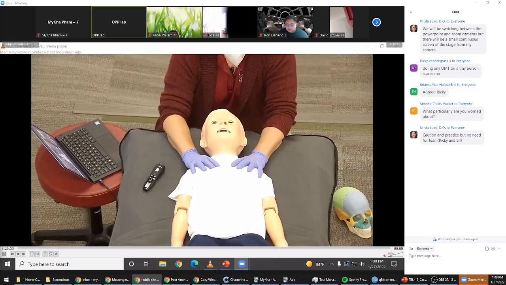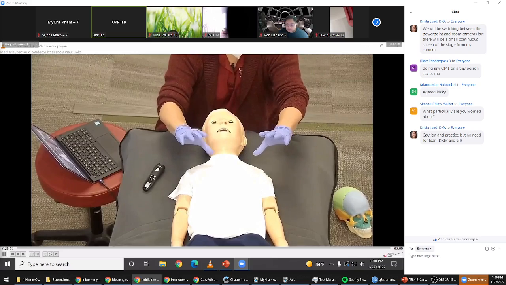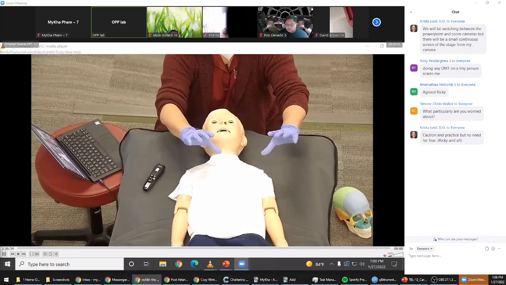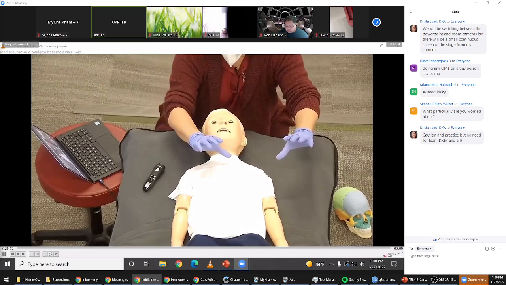And then I'm going to add a slight side bending or pushing towards the patient's left versus pushing towards the patient's right.